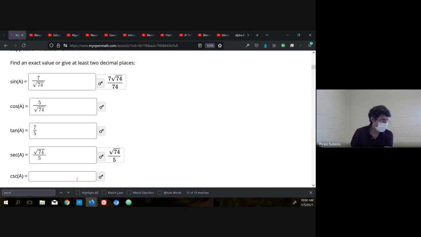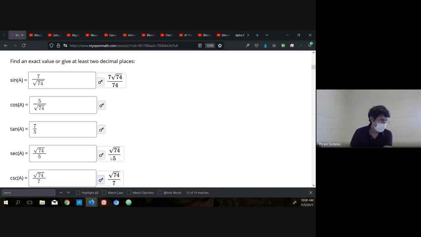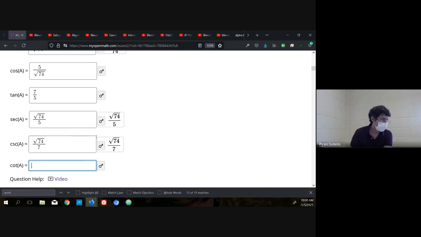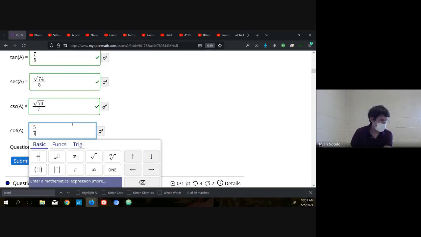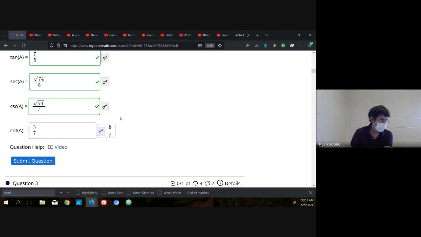And for cosecant, you're going to flip sine upside down. And for cotangent, you're going to flip the tangent upside down. Whoops, I accidentally pressed enter. That should work.